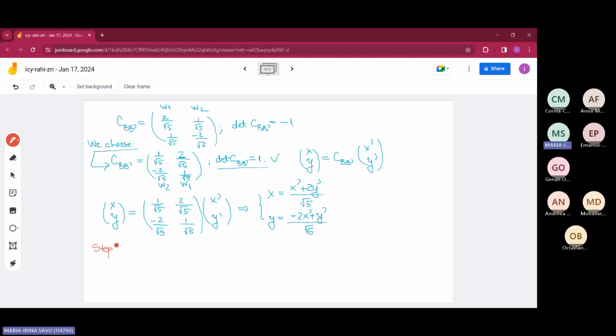At step 4, we have to use the rotation to change the equation of g.